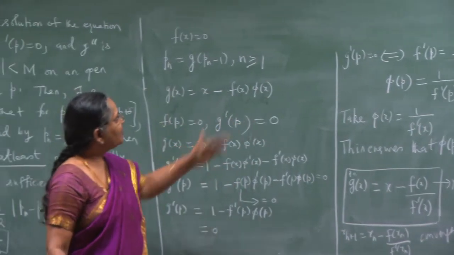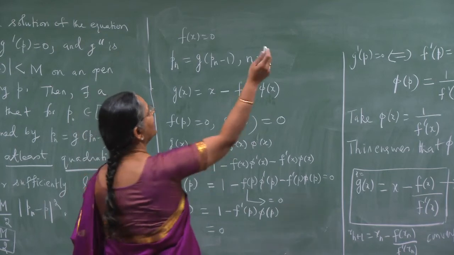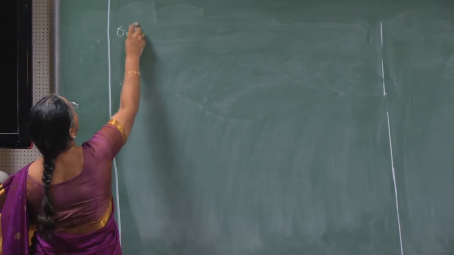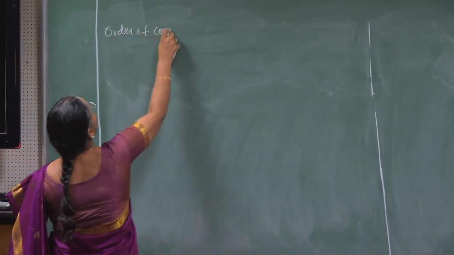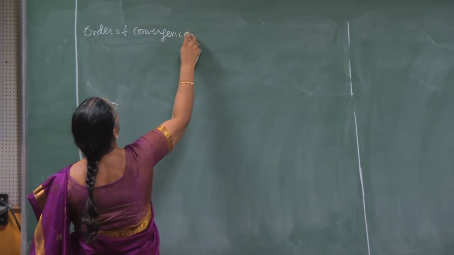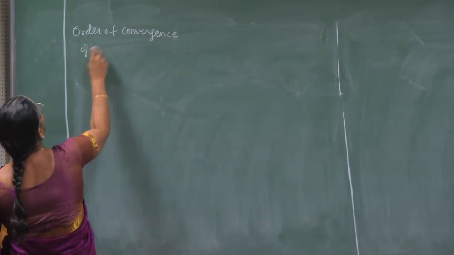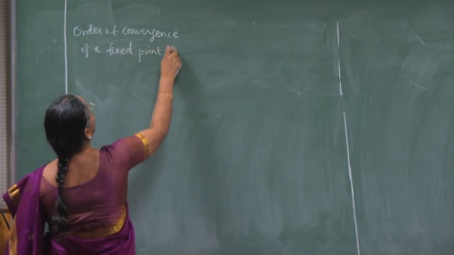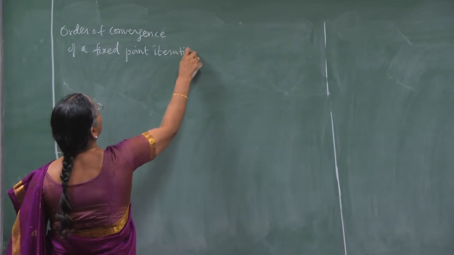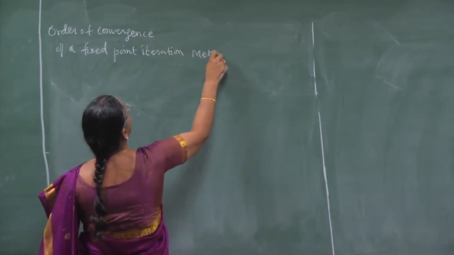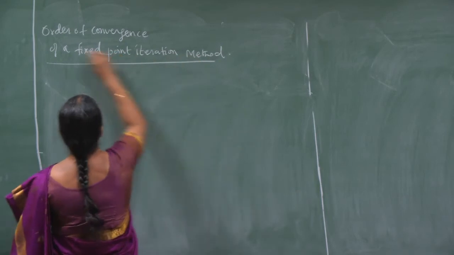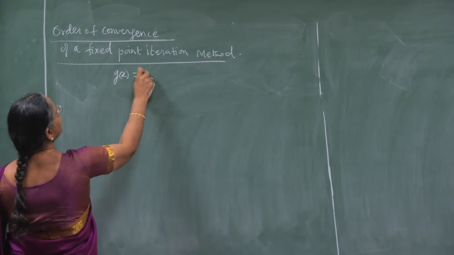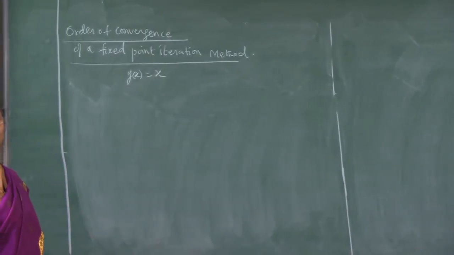And that is why we made a remark earlier. So, let us now define the order of convergence of a fixed point iteration method. So, fixed point iteration method is of the form g of x is equal to x.